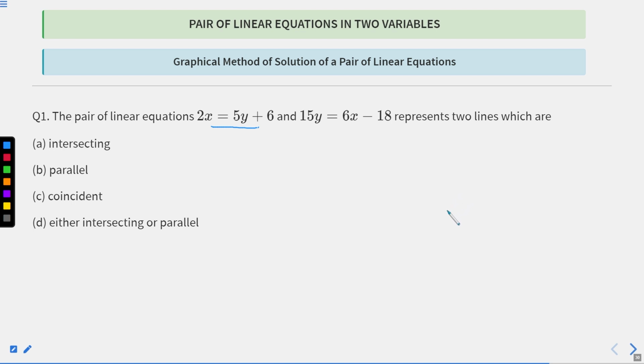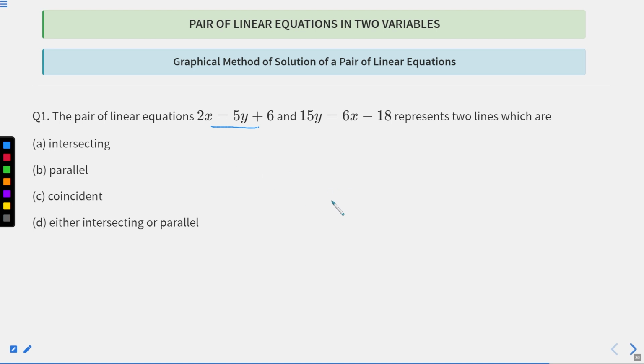Okay, so student, here we can check whether the pair of lines represents lines which are intersecting, parallel, coincident, or either intersecting or parallel.